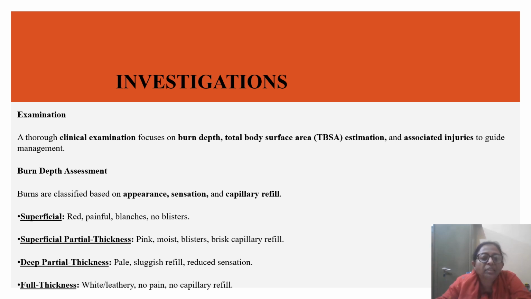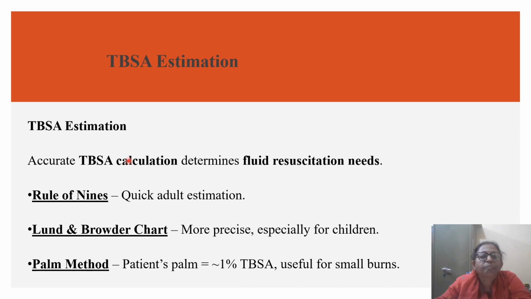Deep partial thickness: pale, sluggish refill, reduced sensation. And in full thickness: white, leathery, no pain and no capillary refill. Total body surface estimation, you can see the rule of nines, the Lund and Browder chart and palm method.